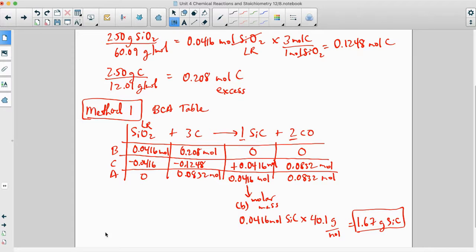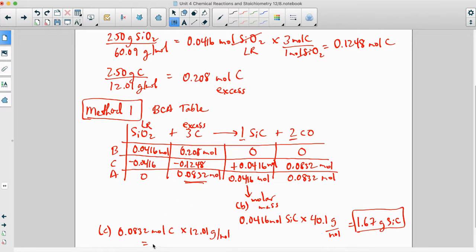Okay, so then part C asks how much of the excess reagent is left over. Remember, the carbon was the excess. So here's my leftovers right there. I can just take my 0.0832 moles of carbon times 12.01 grams per mole and multiply that out. And I get 0.999.